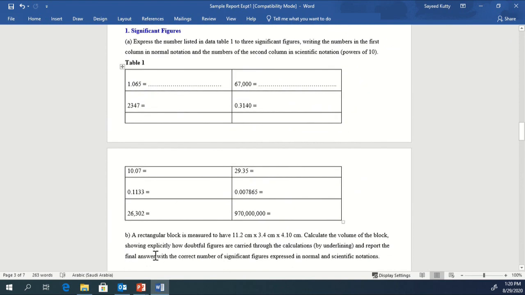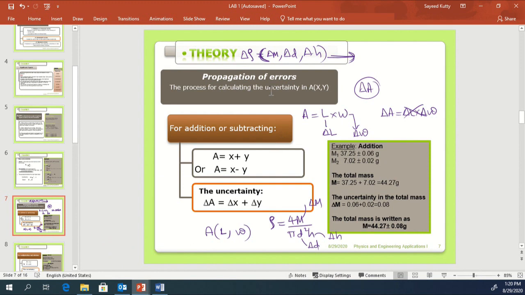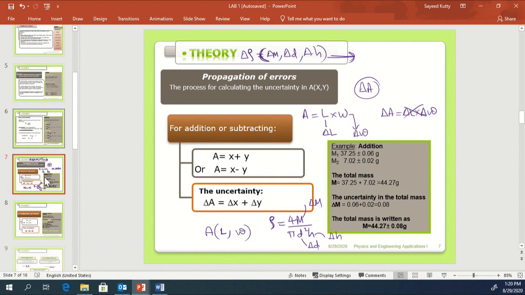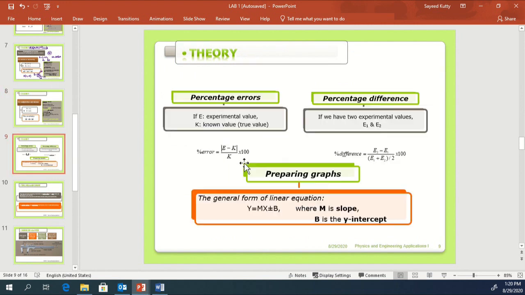Now let me show you some more things. Here we understand the multiplication and division rule, and this is something we always use in the labs. We need to calculate the percentage error. Sometimes we'll ask you to calculate the percentage error.